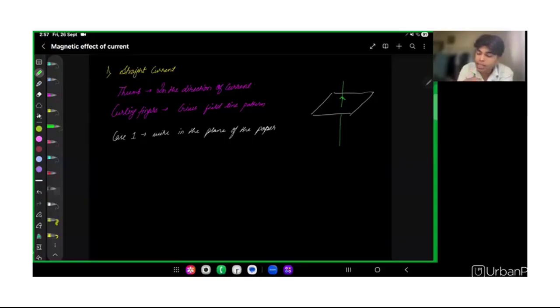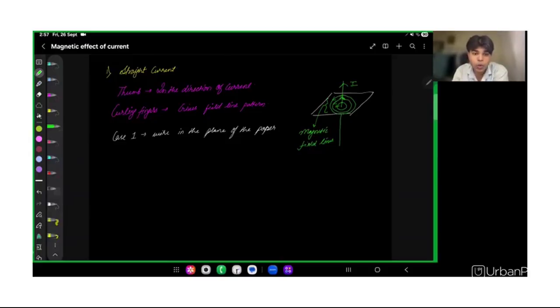If you curl it, the magnetic field lines would come like this, in these directions. I is the current, and these directions are the direction of the magnetic field lines. This was case 1.